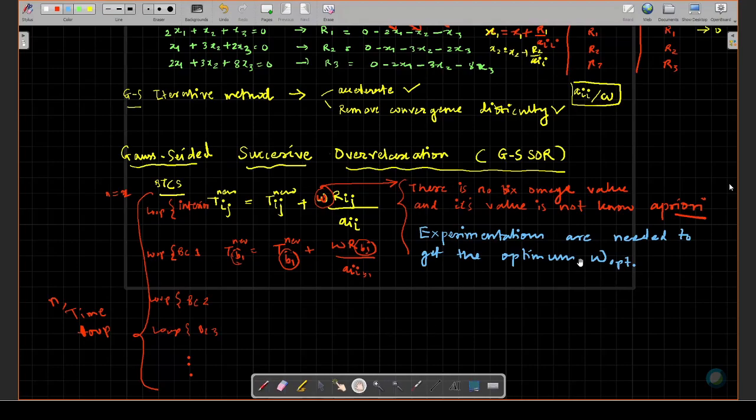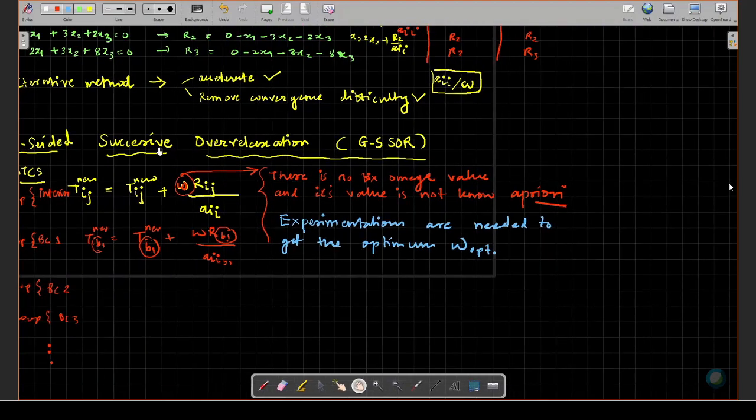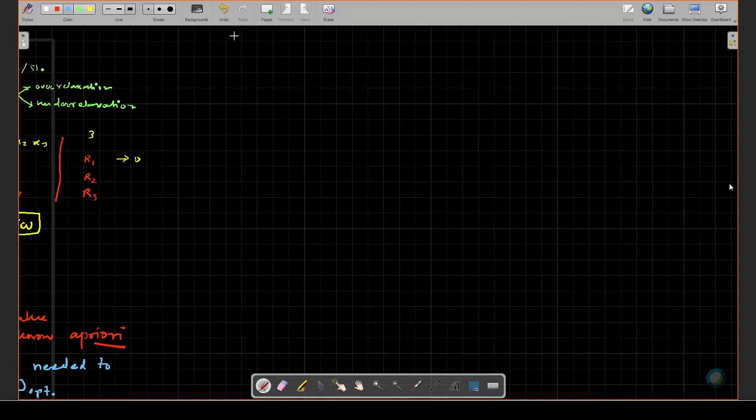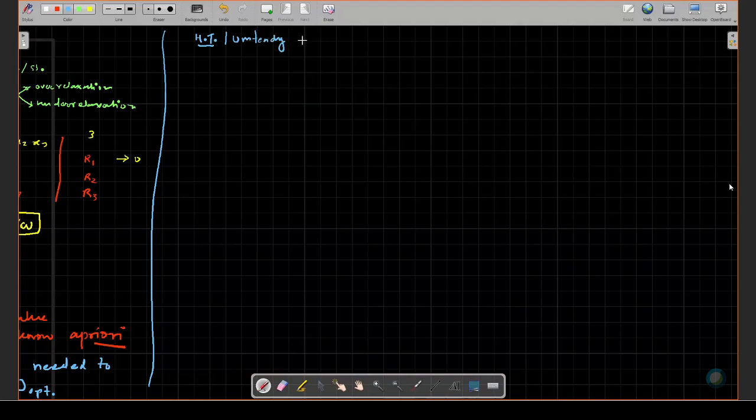Okay. So use mostly this Gauss-Seidel over relaxation method to solve any problem. Okay. So till now, what we have done is to solve heat transfer problem, and that too unsteady heat transfer problem, and that too 2D also.